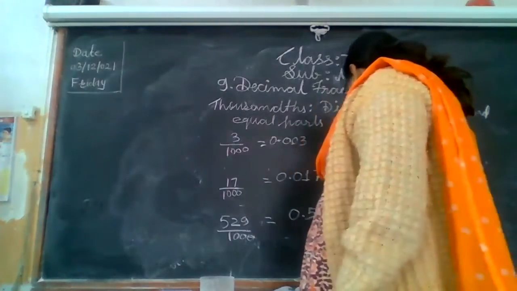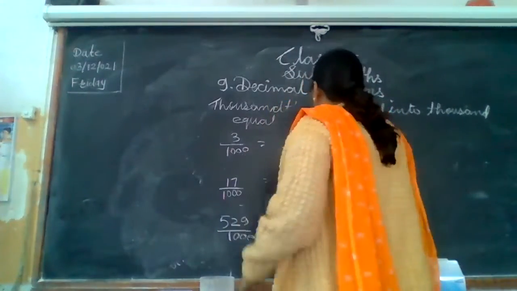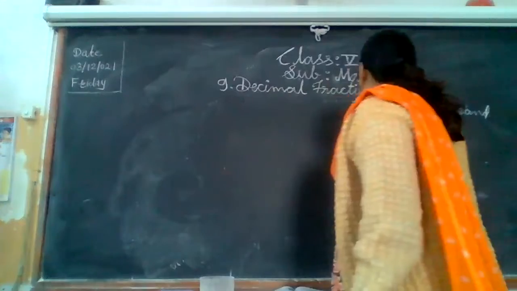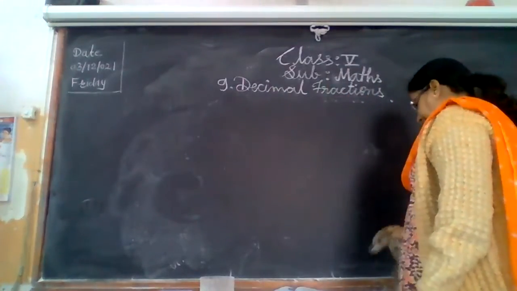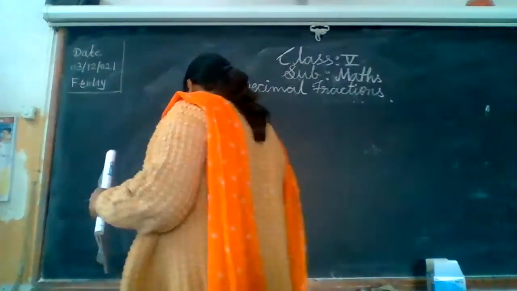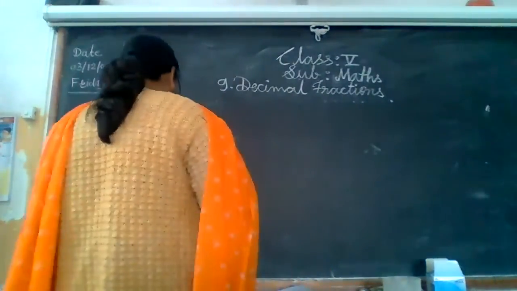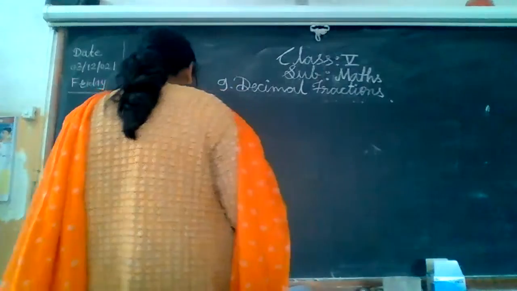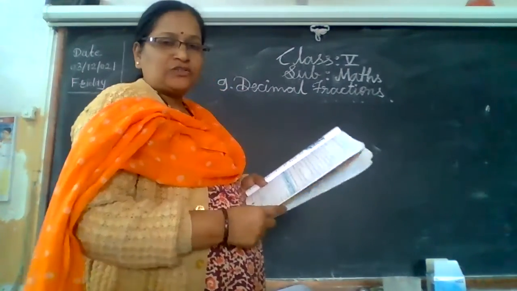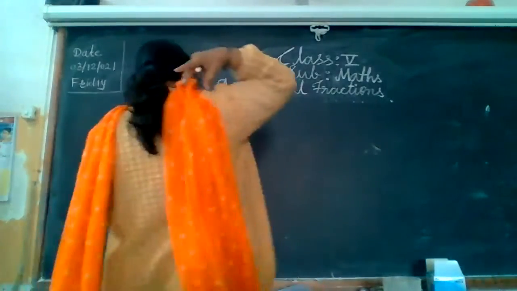Let's see one table given in your book. Study how the decimal fractions in the table below are written and read. So here is how to write and how to read the decimal fraction.